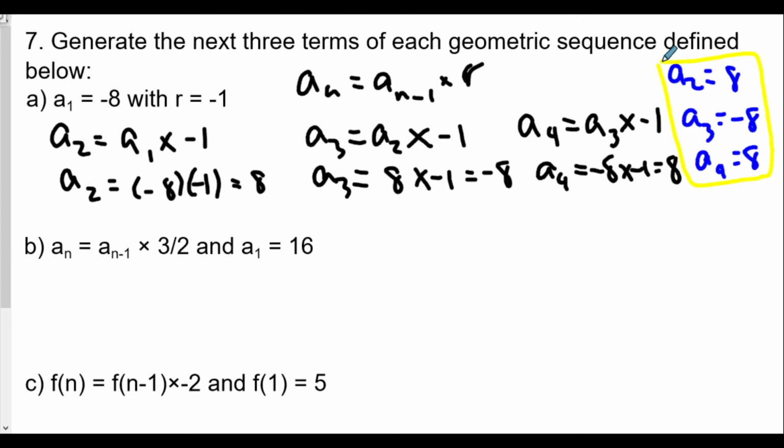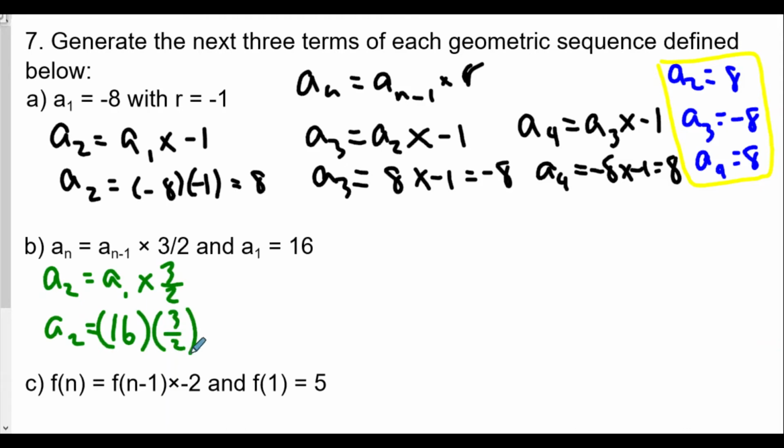We see this for b as well, where they give us the recursion formula: a of n is equal to a of n minus 1 times 3/2, and a1 is equal to 16. So let's use, in this case, a2 equals a1 times 3/2, and so a2 is equal to 16 times 3/2.